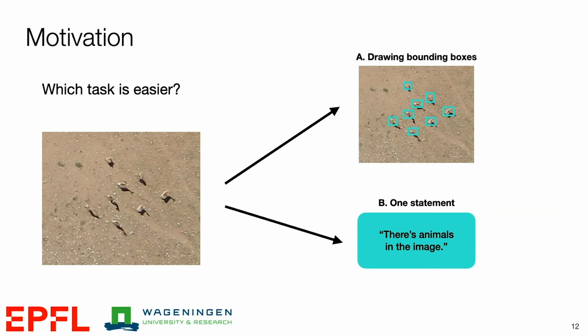And I guess from the context of this seminar, you probably agree with me that option B is much easier. It takes you a second to say yes or no. It takes you potentially minutes to draw boxes. And we want to leverage this circumstance.